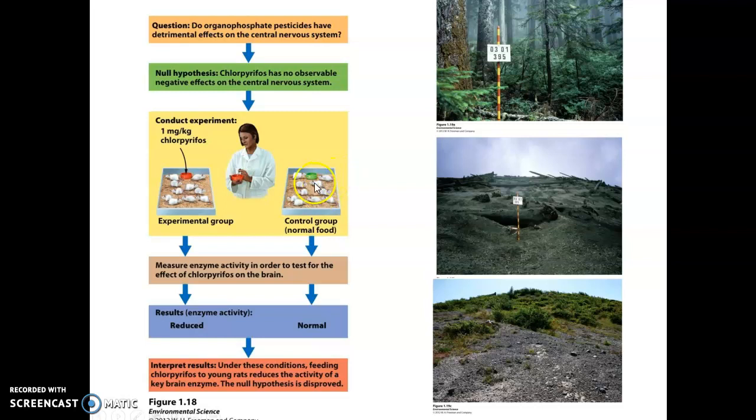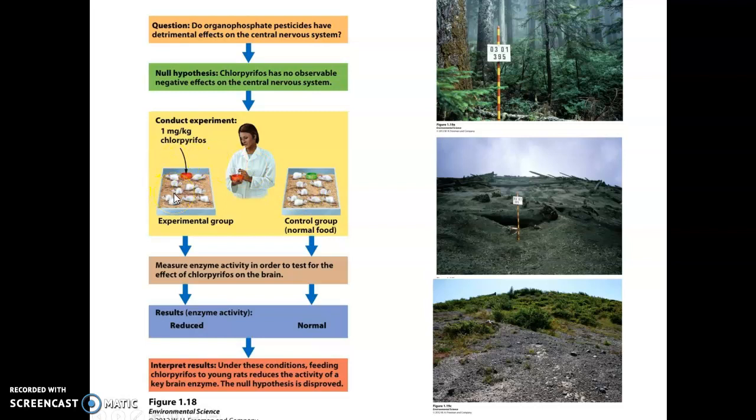So let's say you have 5 females and 5 males in your control group. You need to have 5 females and 5 males in your experimental group. Let's say you have only adult mice, but not too old, a certain age range in your control group. You need to have the same age range in your experimental group. Let's say you give certain diets, certain food, certain amounts of water to the control group.